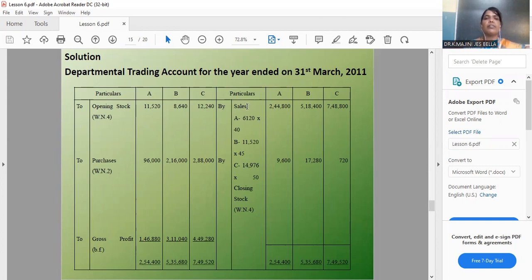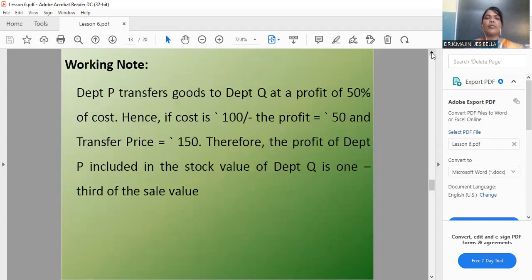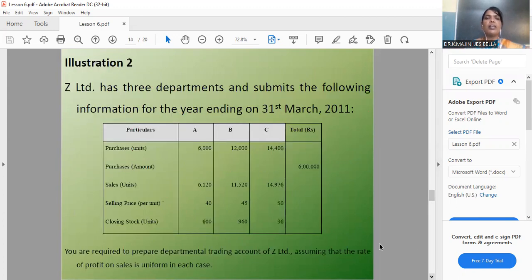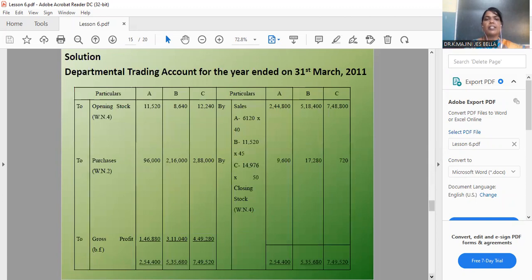Then you come to this credit side. By sales. How much unit they have given, the sales unit as well as the price also, right? See, sales unit, department A, 6,120 units. Unit cost how much? 40. Okay. So come here, by sales 6,120 into 40.